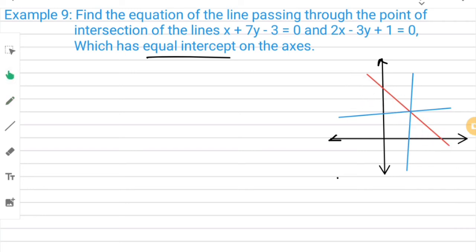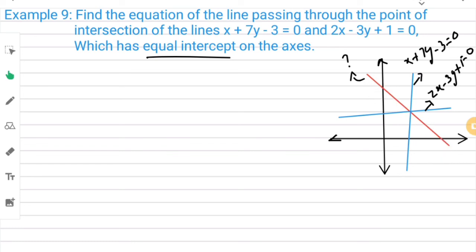For that, they have given two equations. Let us consider this line equation as x plus 7y minus 3 is equal to 0, and this line equation as 2x minus 3y plus 1 is equal to 0.